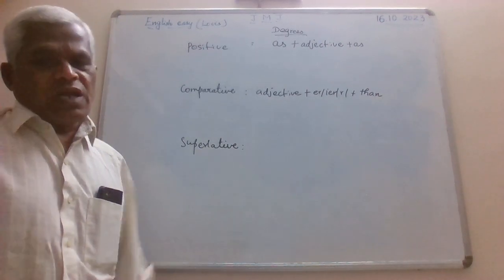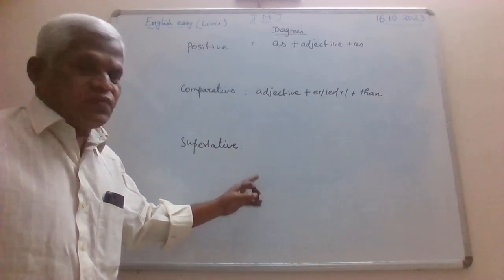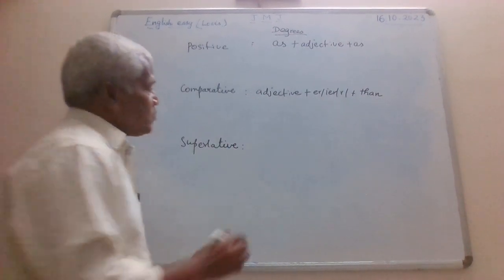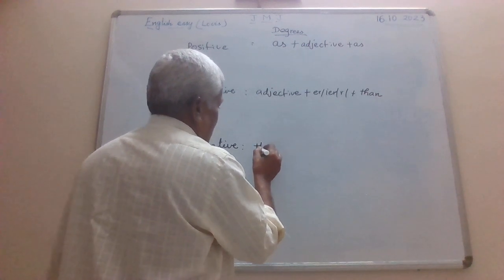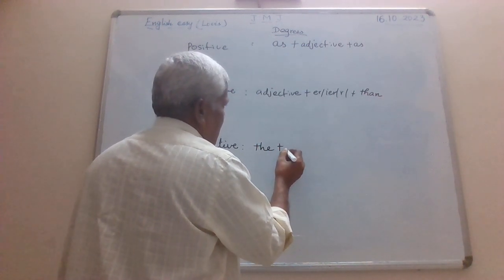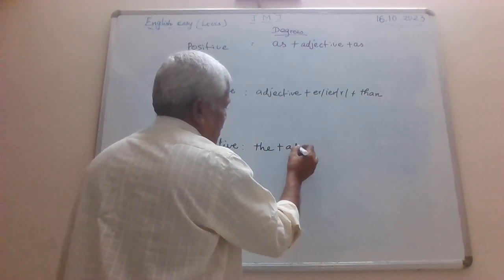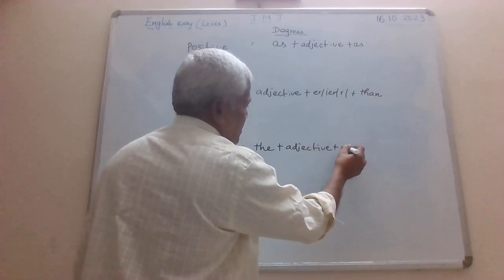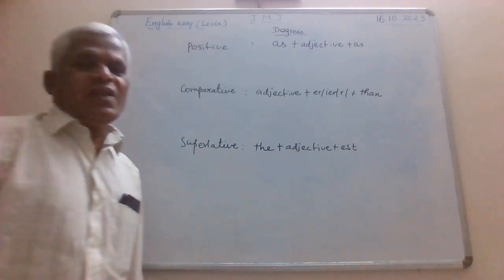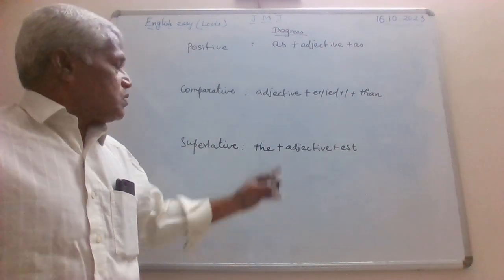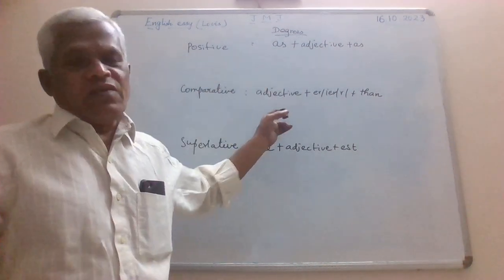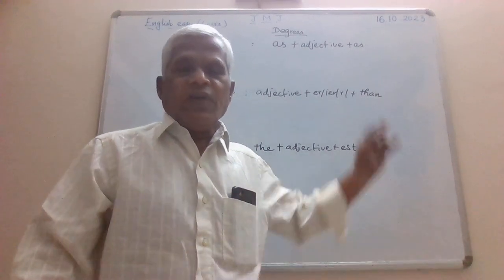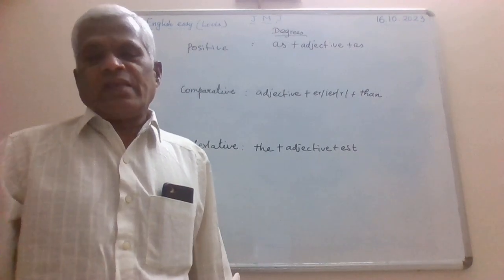We have more for this one and most for this one. What about the format for superlative? We write the article the plus adjective plus EST. Okay? So this is the format by which we have to mention or write degrees when we are going into transformation.